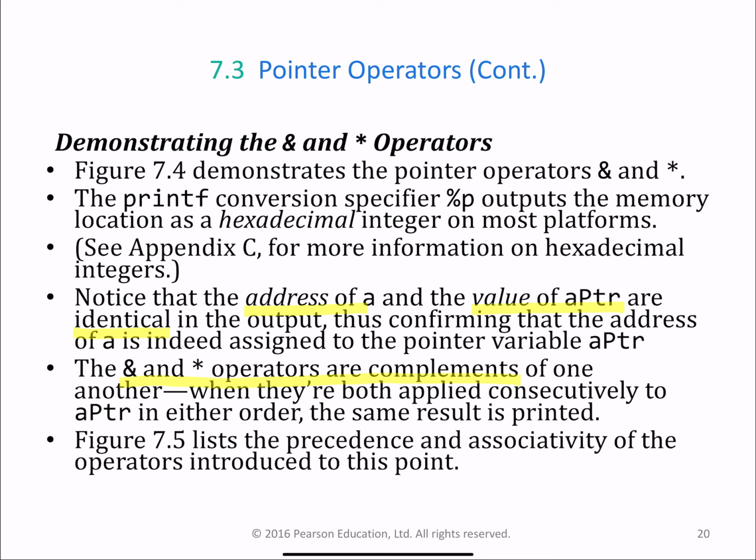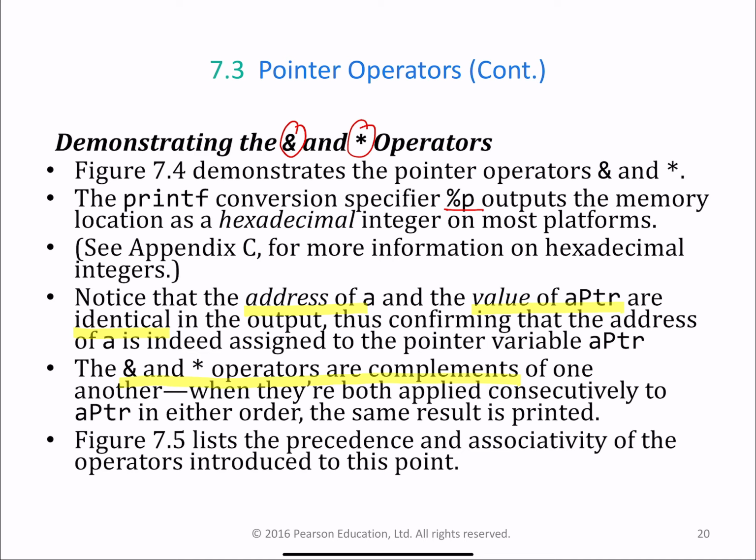And I'll show you a coding example, and in that we'll be using the address and indirection operators together. That's also interesting. We'll basically do three things. We will look at the addresses of the original variable as well as the value stored inside the pointer variable. We'll access the variable value directly and through the pointer.